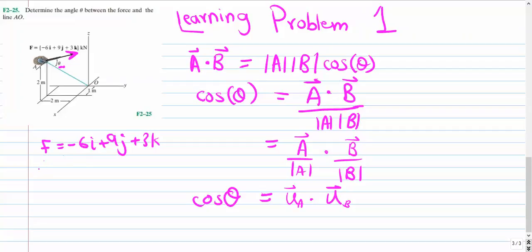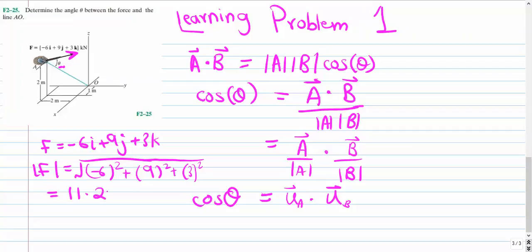We can find the magnitude of this force vector by using the magnitude formula, and the magnitude that we get is 11.22. Now using this magnitude, we can find the unit vector in the direction of the force vector F by dividing the force vector by its magnitude.